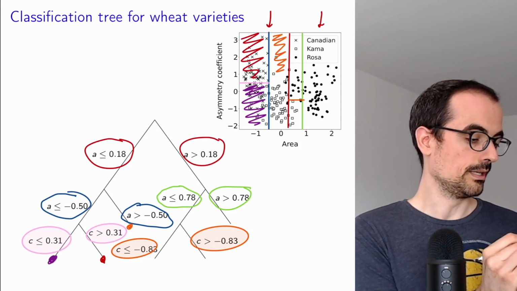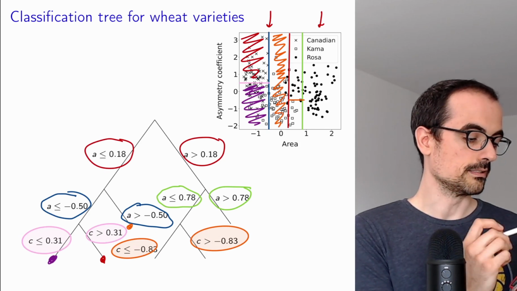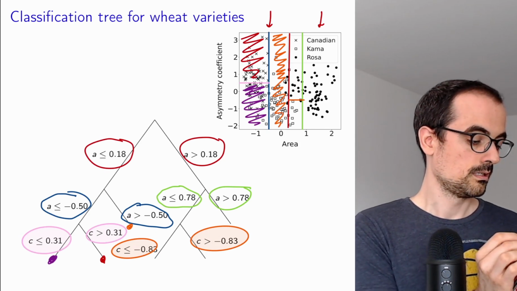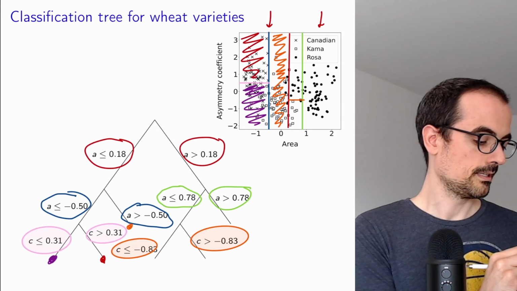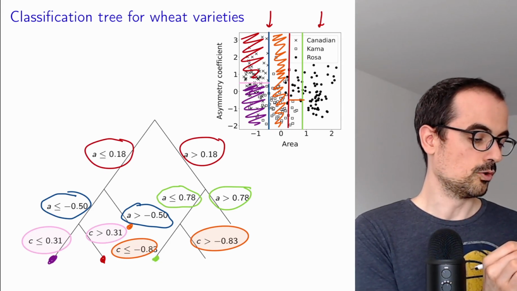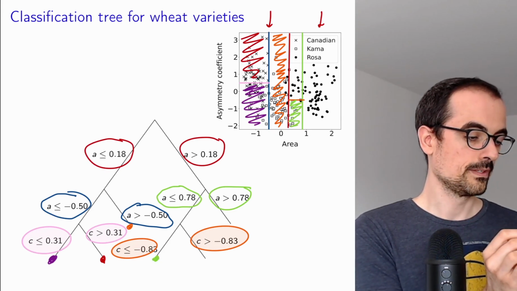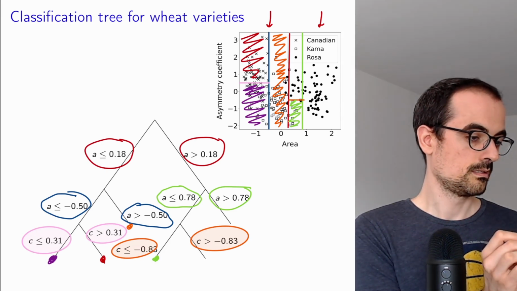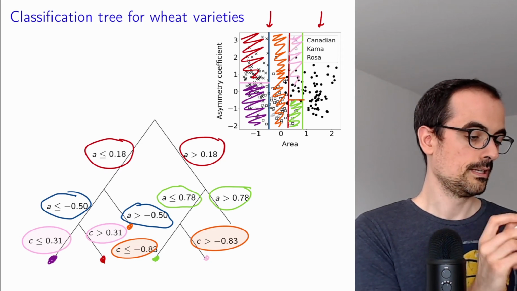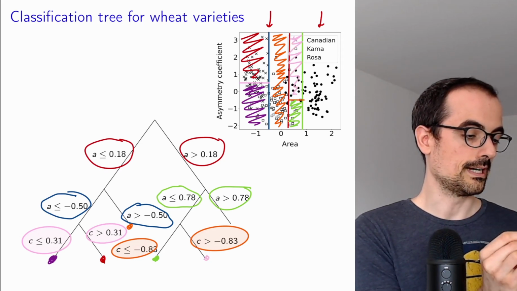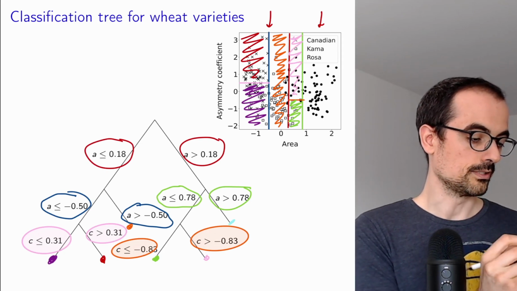Here A is between minus 0.5 and 0.18. Here C is below minus 0.83. Here it's above minus 0.83. And finally, I have another color, this last region.